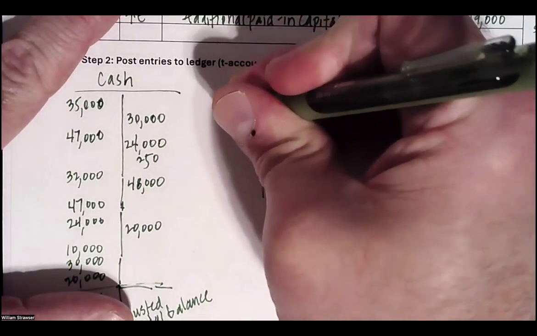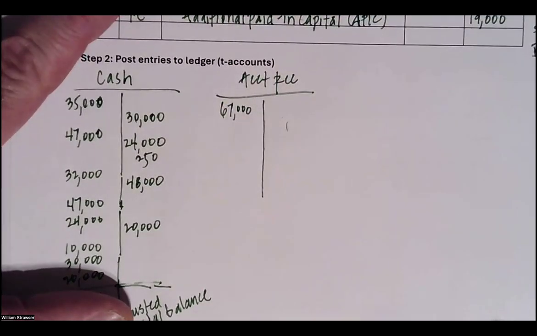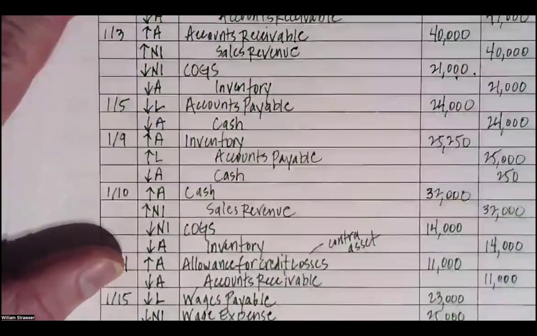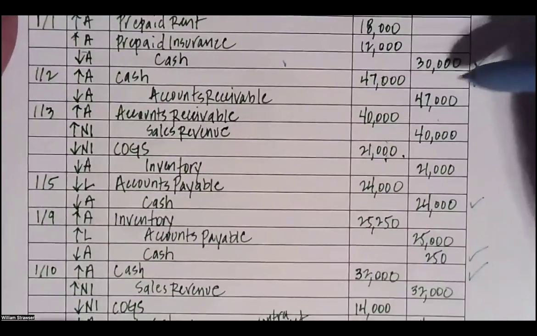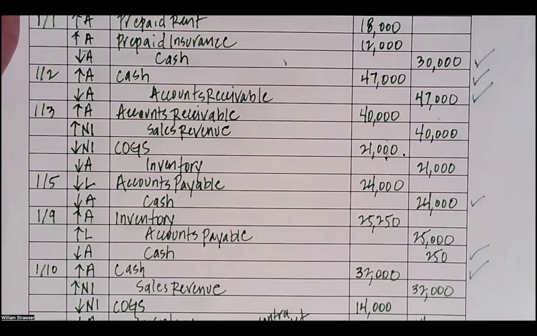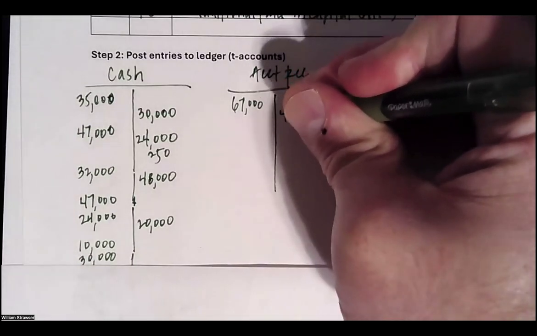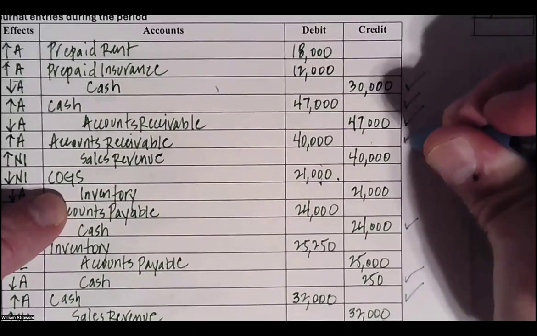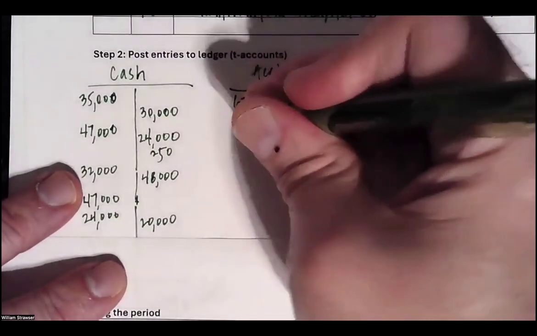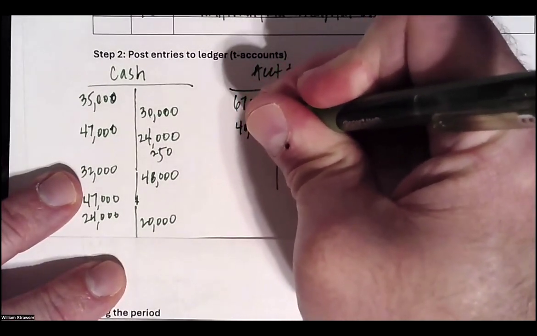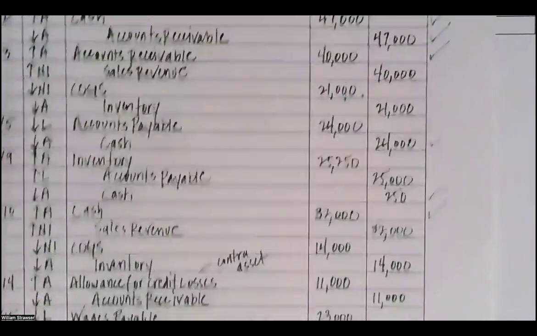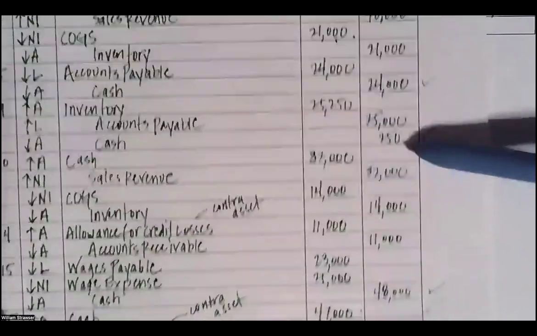So that's our starting balance. Always ask the question, do I have a starting balance? In this case, yeah, I do. I have 67,000. So let's look for the accounts receivable transactions now. There won't be as many. We got a credit of 47,000 to that accounts receivable. Need to put that guy in. The credit goes into the right side. Then we turn around and have a $40,000 debit to accounts receivable. That goes on the left side. Accounts payable, looking for the next accounts receivable.